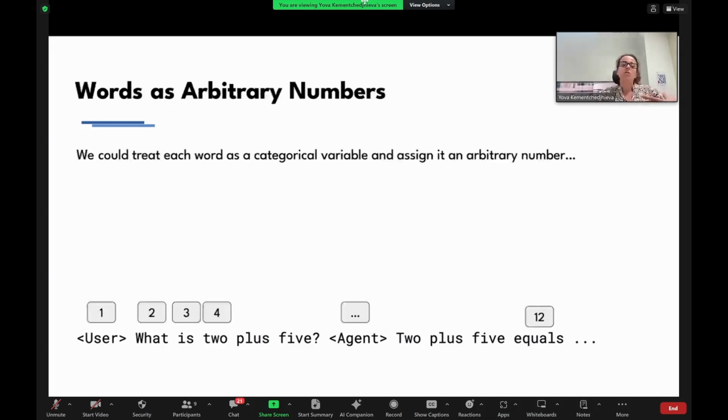So again, if we were to go about that in the most naive way possible, we might say, okay, we're going to assign the word user value 1, the word what value 2, the word is value 3, and so on. The problem with that is that these numbers are not meaningful in any way. And so any computations that we try to perform over them will be extra hard because we have to account for the fact that these words are represented by arbitrary numbers.